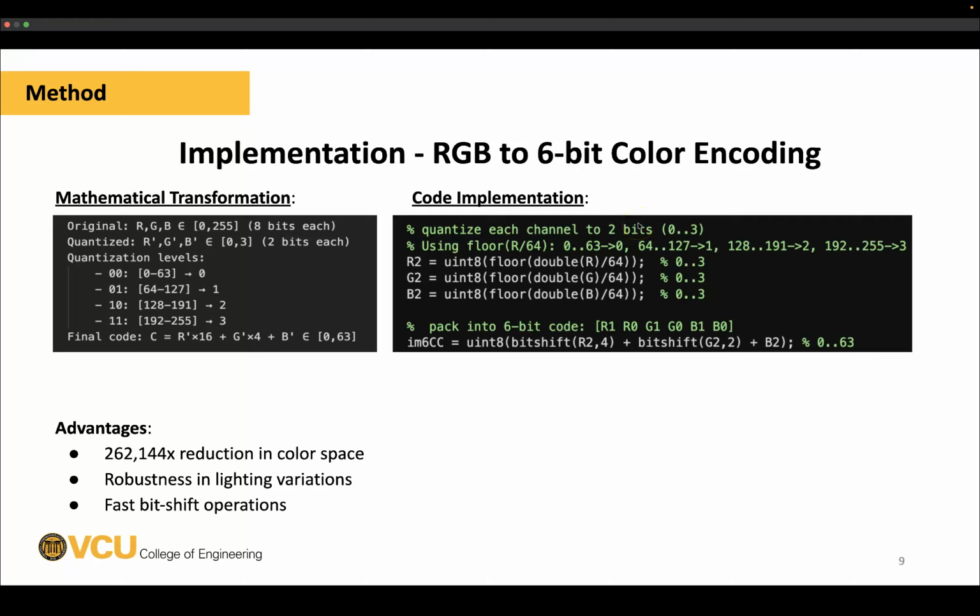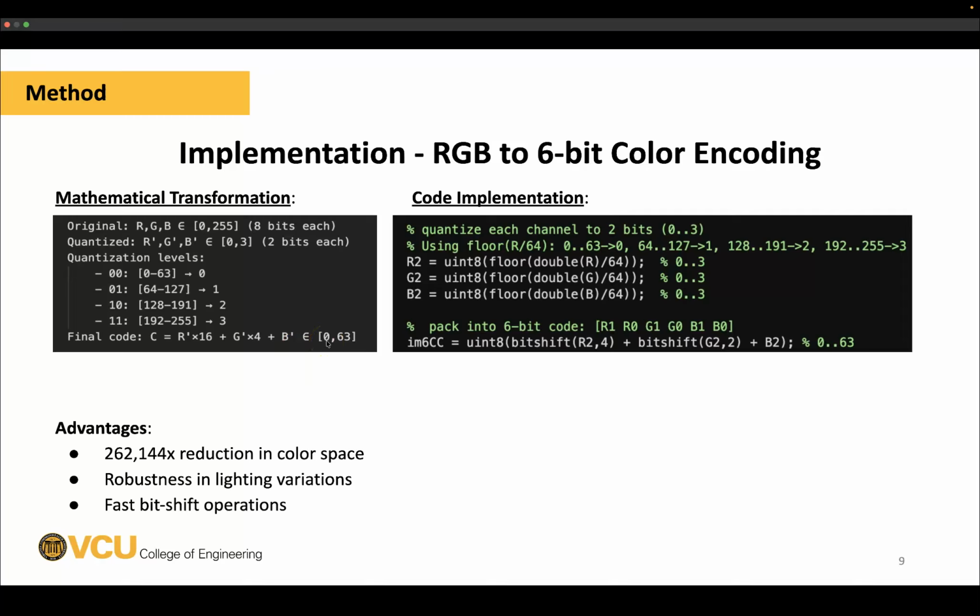and this allows each channel to be divided into 4 levels that we see here, and the final 6-bit encoding, combining the channels using bit shifting, giving our values here.